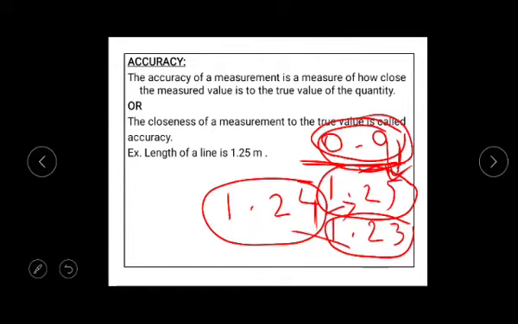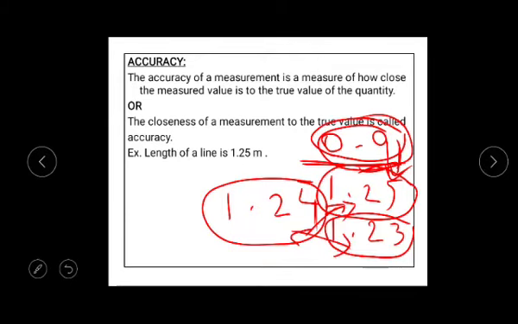But in these two measurements, definitely these are close to 1.25, so accuracy is high. You are understanding? Okay, so what is accuracy? What you have to remember now? You are measuring the quantity by taking a number of measurements. Just observe the values. If measured values are near to the actual value or true value, definitely you are more accurate, or your measurement is more accurate.